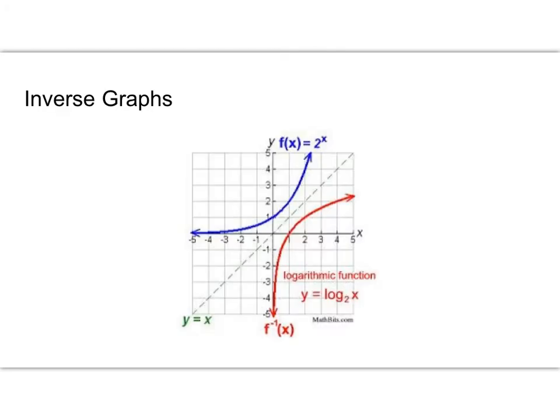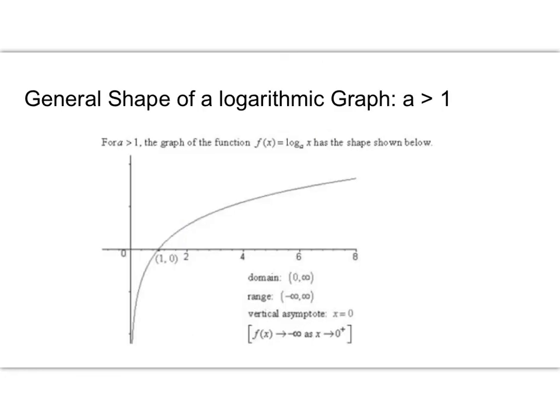So if I have 2 to the x here in blue, now black, if I reflect it over this line right here, then I have the log base 2 of x, because that is the inverse function of the exponential 2 to the x.